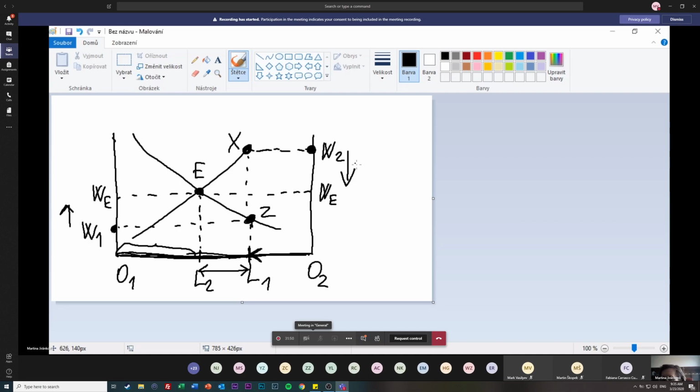Now L2, L1 people move, migrate, from the first country to the second country. So the situation after the migration.